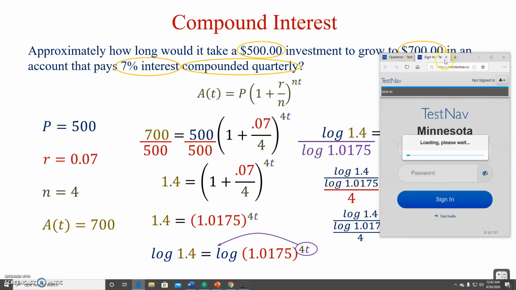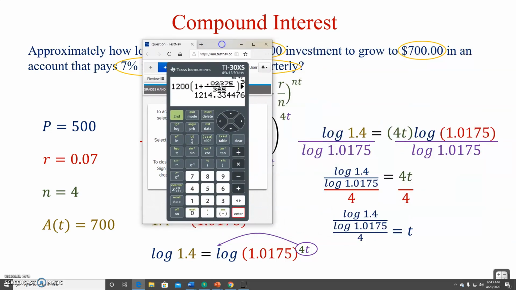Fraction, log 1.4, over log 1.0175, all over 4. There's our answer. And the time is going to be in years, so that's about 5.